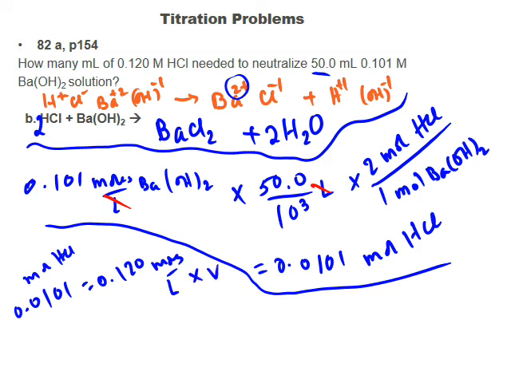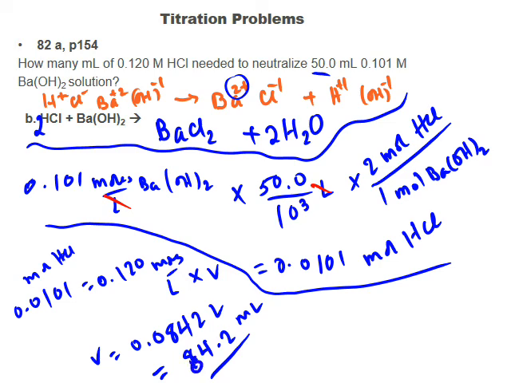Okay, and the volume will be given by, if we do this math, 0.0842 liter. And you can express that in ml, which would be 84.2 ml. So you go from liter to ml by multiplying by 1000. And that's how I got this answer.